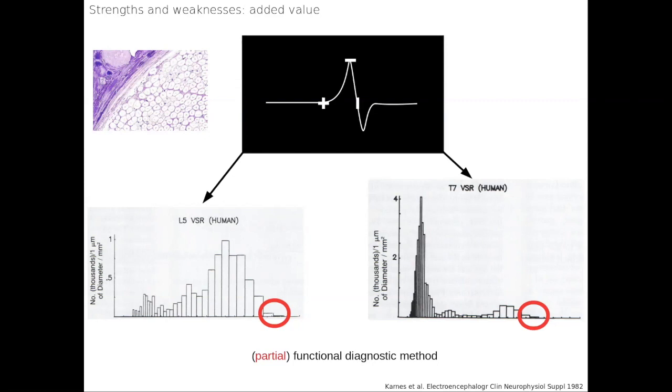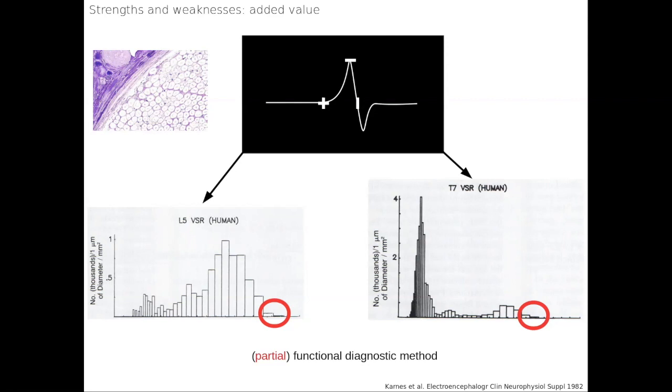We measure the amplitude, the area, and also the onset. And if we recall, when we assess the nerve conduction velocity using electrophysiology, we actually assess only the fastest conducting nerve fibers.